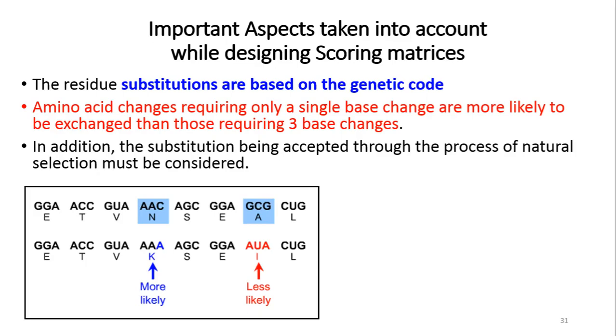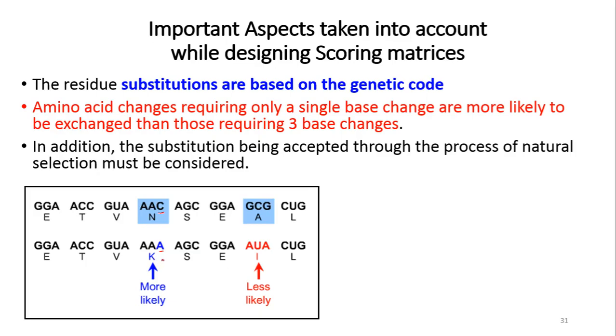In this particular case, it would take only one mutation in a codon to bring about replacement of this asparagine with lysine. If this C is mutated to A in this codon, then the resulting amino acid residue that is coded would be lysine instead of asparagine.